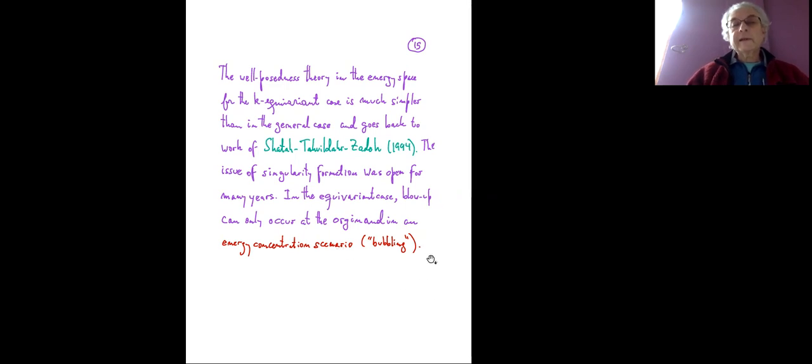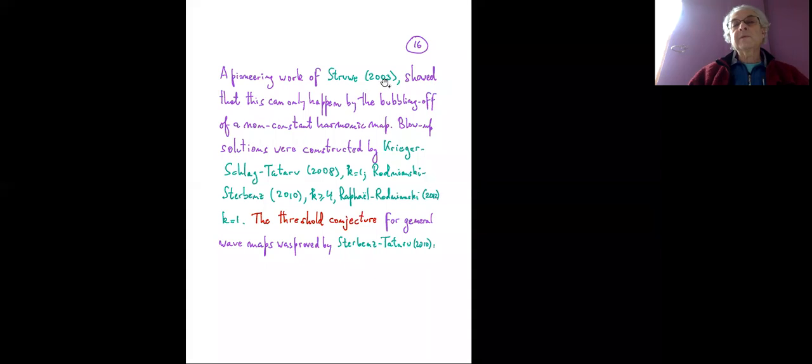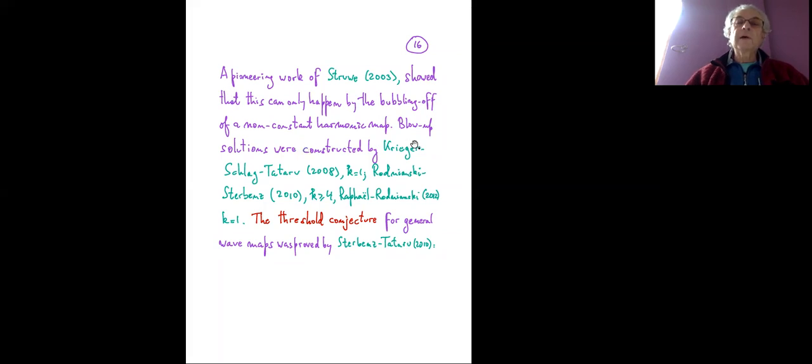In the equivariant case, blow up can only occur at the origin and in an energy concentration scenario, which is this bubbling. This was shown in a pioneering work of Struwe in 2003, who showed that singularities can form only by bubbling off of non-constant harmonic maps.